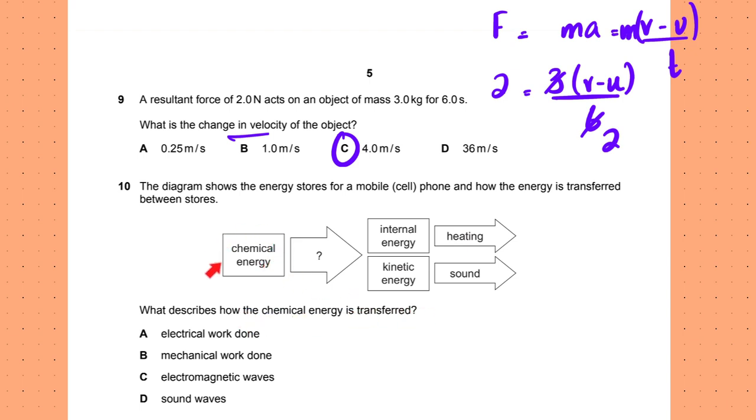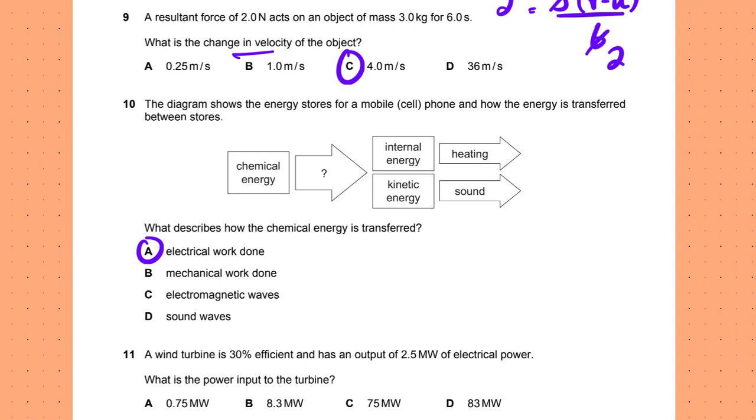So the chemical energy is basically the energy in the battery of the phone, and how that turns into either internal energy or kinetic energy is basically by that energy in the battery due to some electrical process being converted into this form, right? So that's electrical work done. That flow of current basically leads to electrical work done.